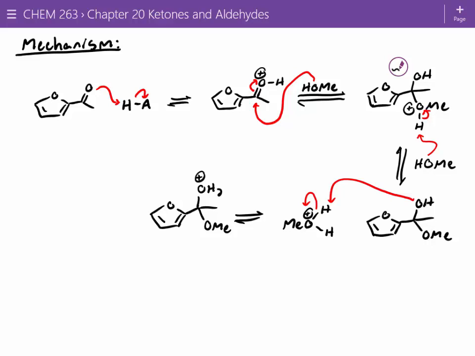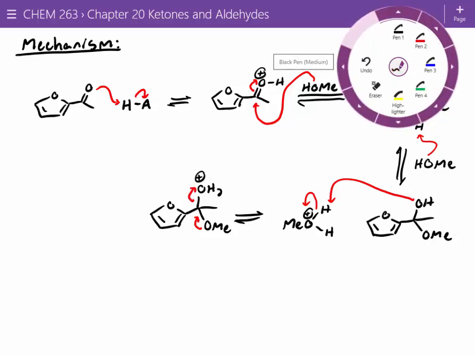Okay, and the water in this case doesn't get shoved or doesn't fall off on its own. It gets maliciously shoved off by the oxygen on the ether. And when you do this, you form a resonance stabilized carbocation.